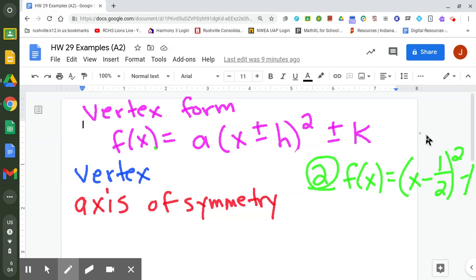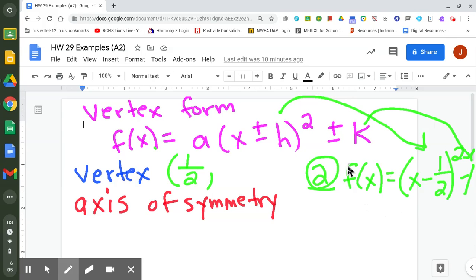So problem number 2, I had f of x equals parenthesis x minus 1/2 parenthesis squared minus 1. So if I'm going to find my vertex, that is my h value, that negative 1/2. But remember, I changed that, so it's positive 1/2. And then the k is the number that's out here at the end, and I don't change that sign, so it's (1/2, -1).